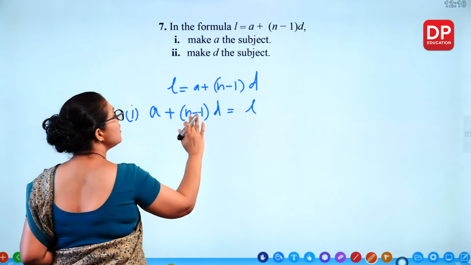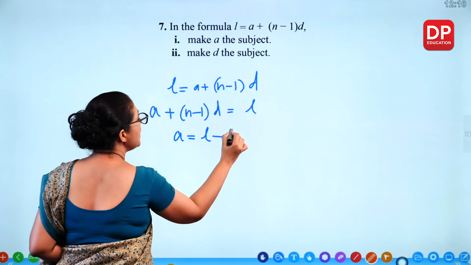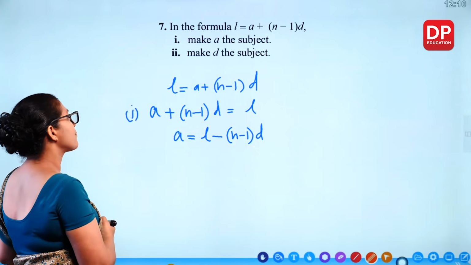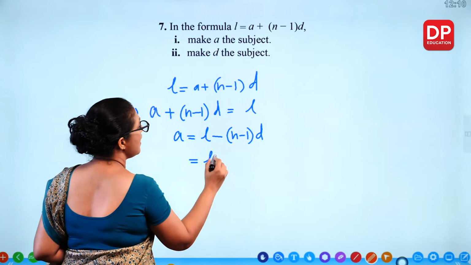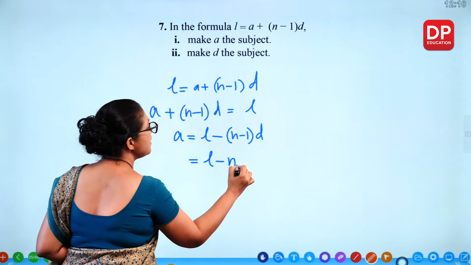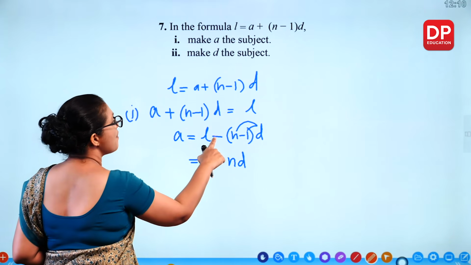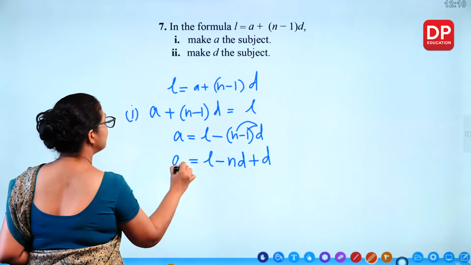So take the whole term to the other side. a becomes L minus n minus 1 d. If you want to simplify, open brackets, you can say L minus nd, and here minus minus plus d.